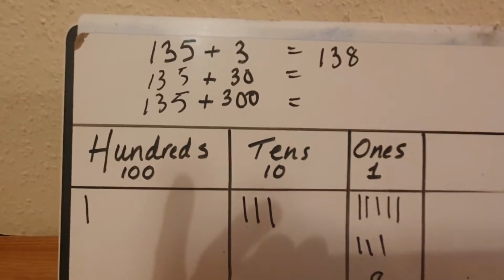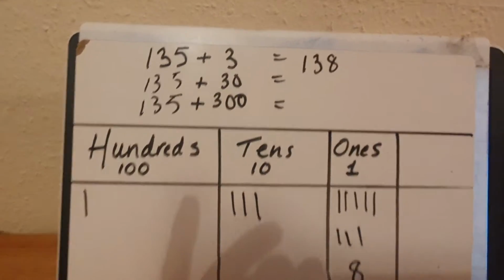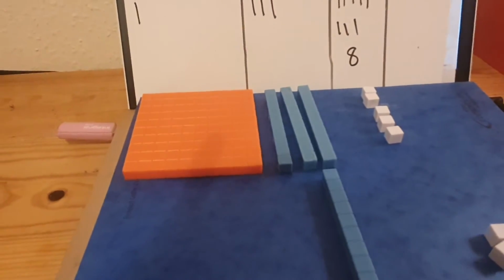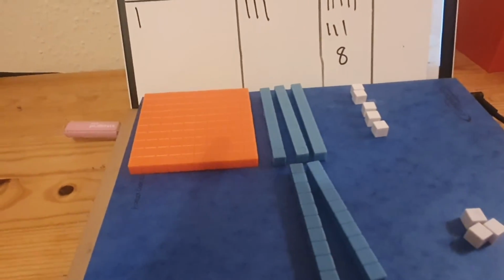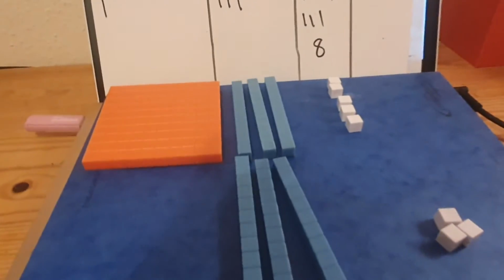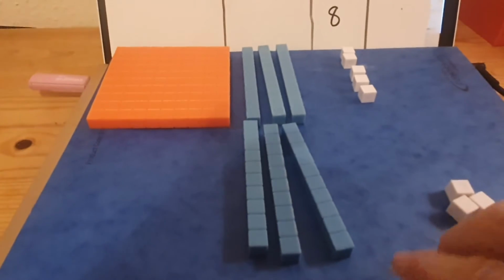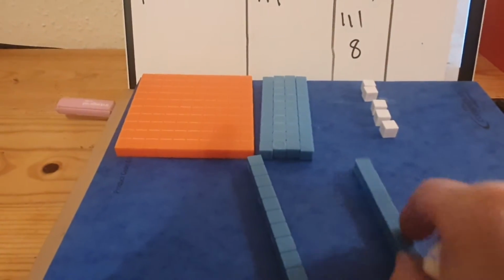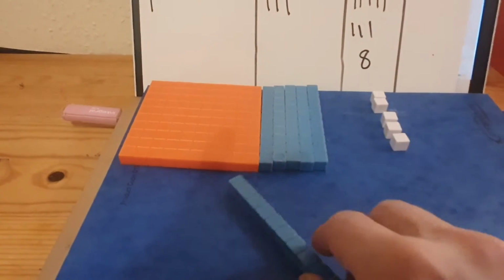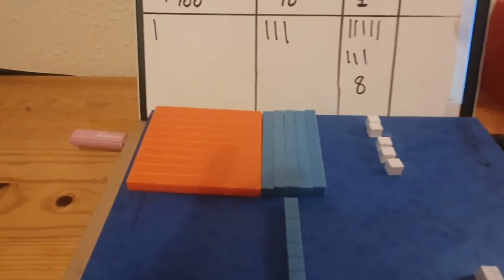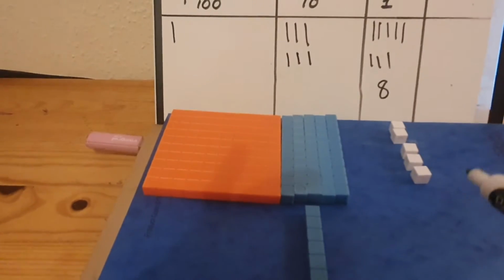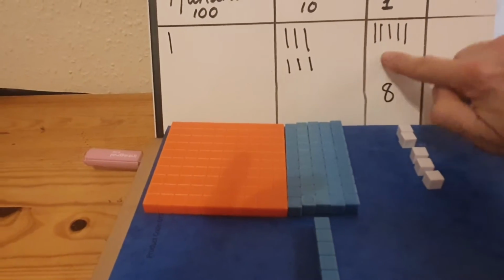So now I want to add 3 tens. So 135, add 3 tens. So I'll just be putting in my 3 rods. 1, 2, 3. Now if you want, I could actually put those together as a 5. I could do like that if I wanted to, and put that one down here. Or I can just put my 1, 2, 3 here. And I'm just going to rub those off because I don't need that.